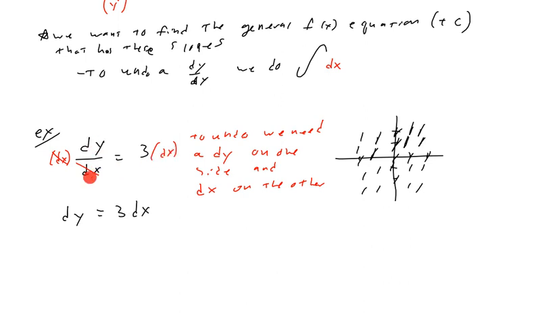Remember, this dy dx is just describing a rate of change. It's saying the rate of change of y with respect to x. How does y change? This is rise over run. It's a rate of change of y divided by the rate of change of x. It's like miles per gallon, or people per hour, or bacteria per minute.